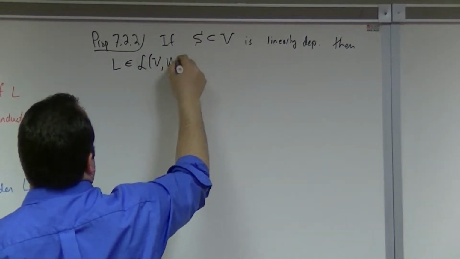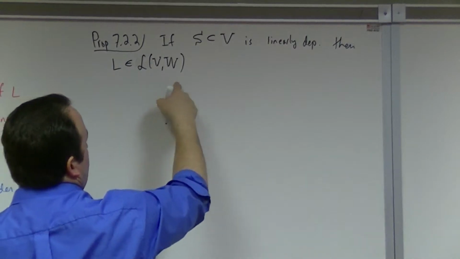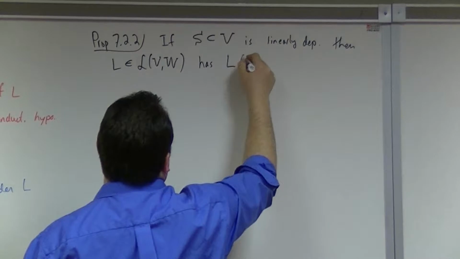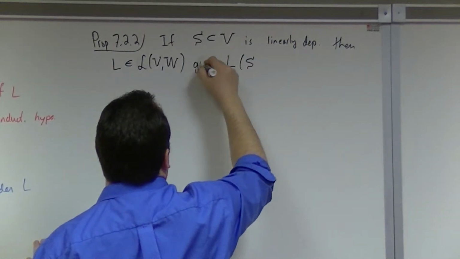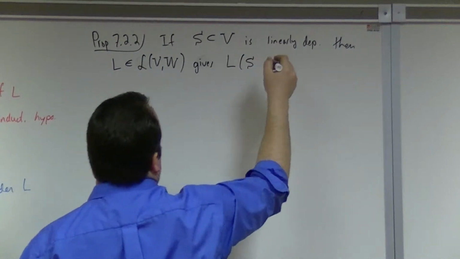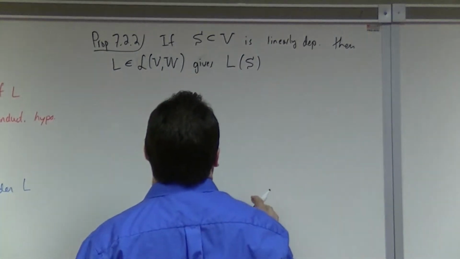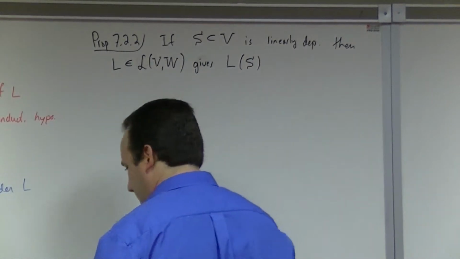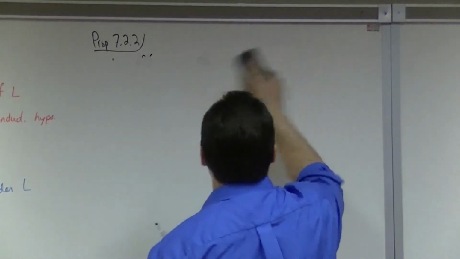That's my shorthand for saying that L is a linear transformation from V to W, okay? L of S, what's still the wrong word? If, then, grammar, fine. Are you arguing with yourself? Yes.